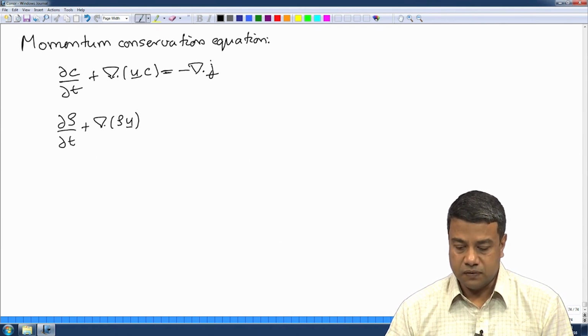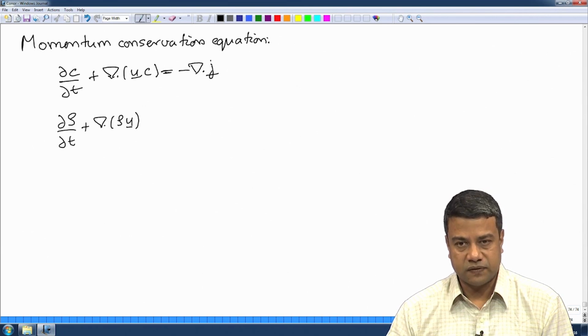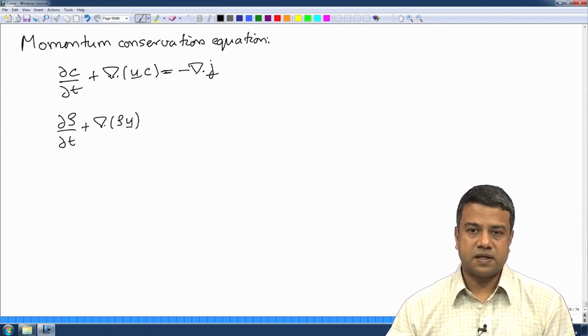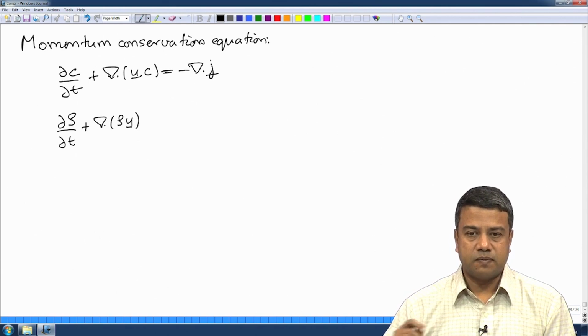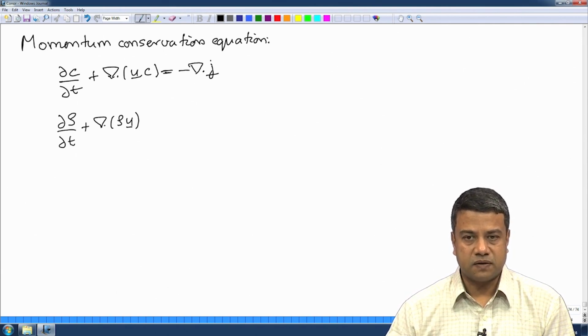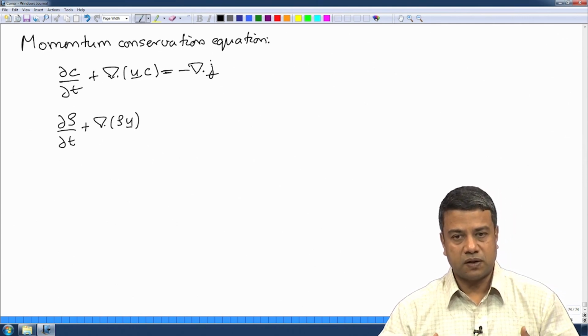Note that u vector is the center of mass velocity. It is the velocity moving with the center of mass of the fluid. In a reference frame moving with the center of mass of the fluid, there can be no diffusion of mass. Diffusion is a flux of one particular constituent relative to the center of mass.